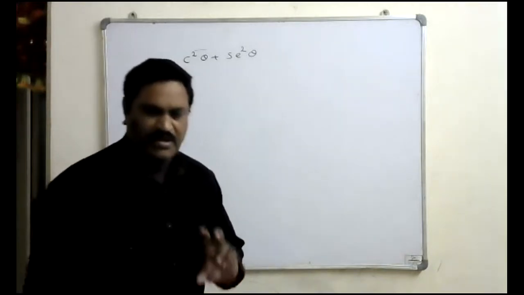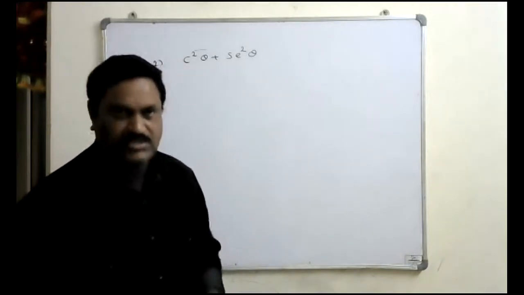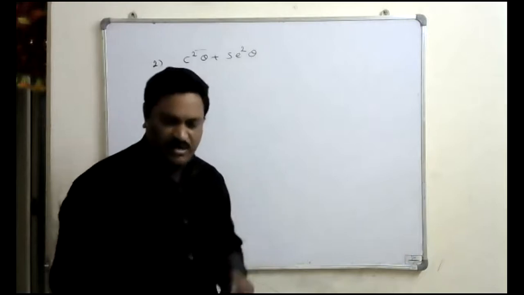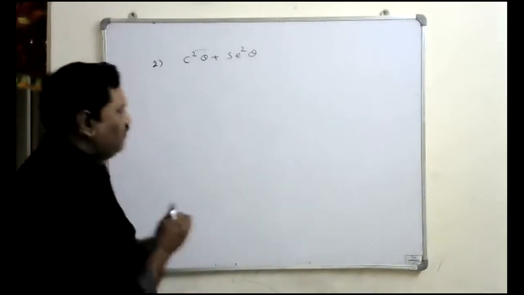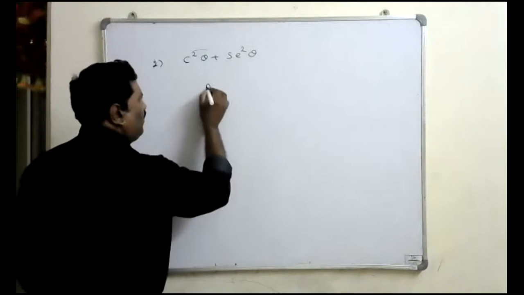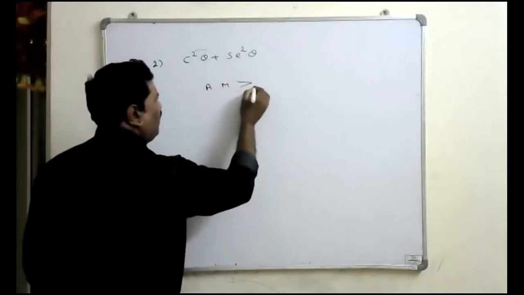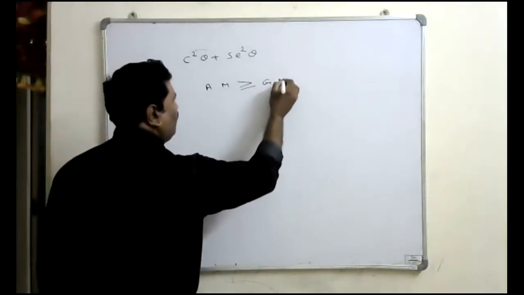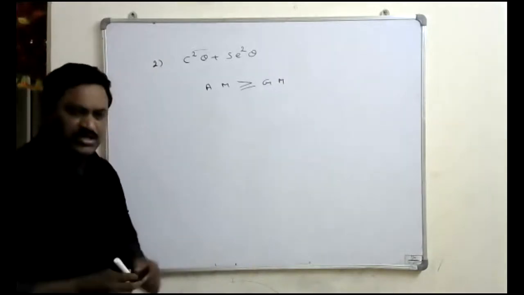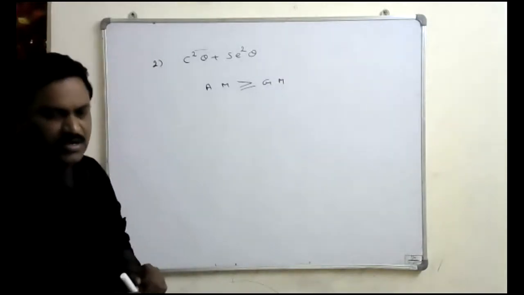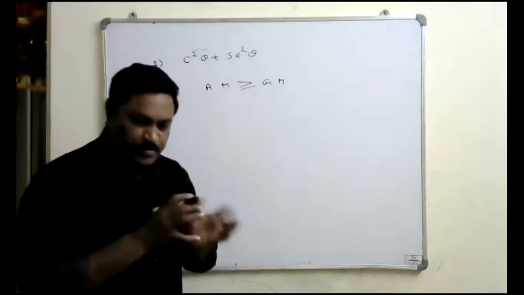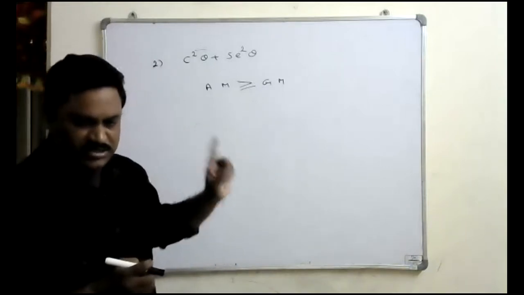So whenever you find this sum of the two reciprocals, in the sequence and series, already we have seen the relation that always you have to recollect: arithmetic mean is always greater than or equal to geometric mean. This is the condition, you should remember it. So whenever you find two reciprocal terms, immediately you have to recollect this.